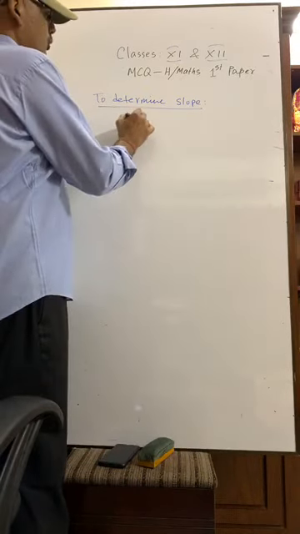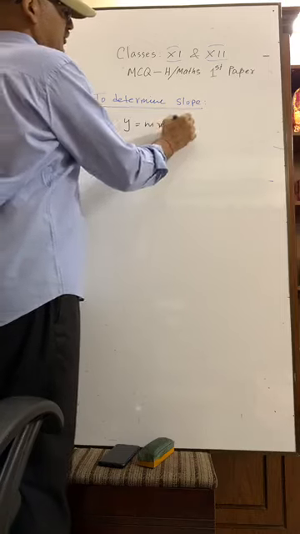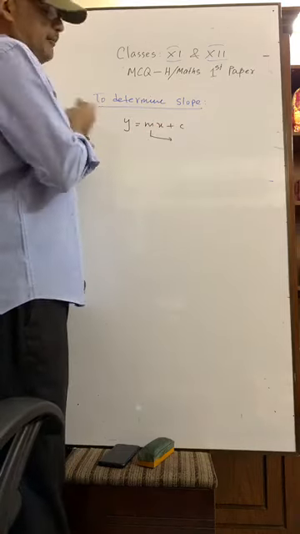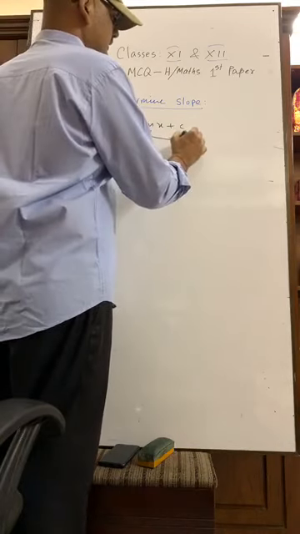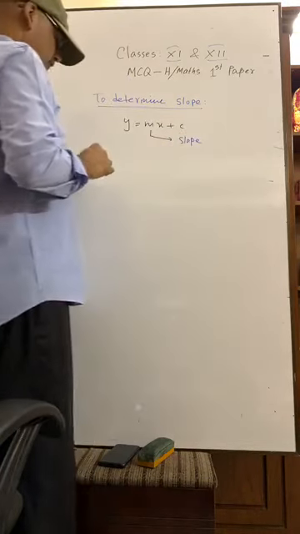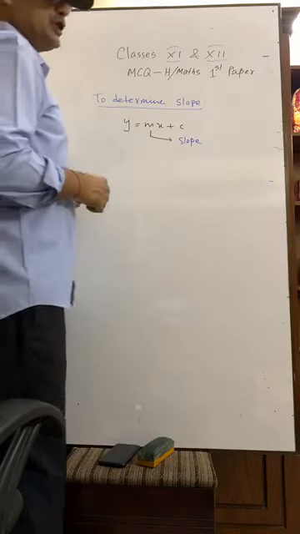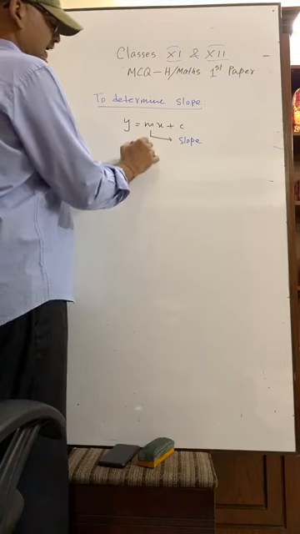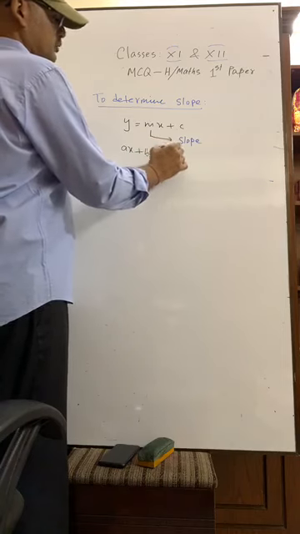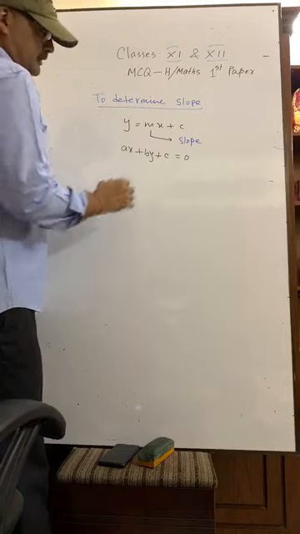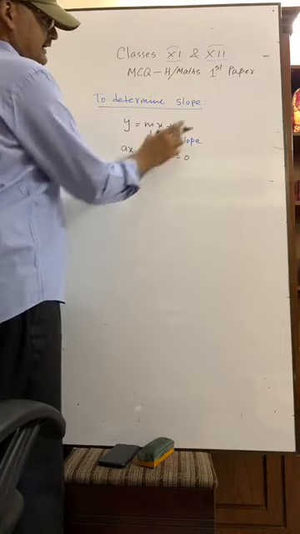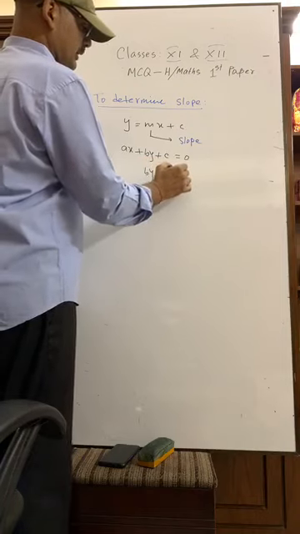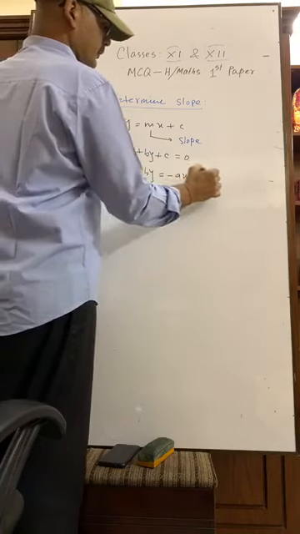Actually, y equals mx plus c. Here, what is m? M is the slope. Very good. Okay. So if any equation is written like this, ax plus by plus c equals 0, we have to get this equation into this format to determine the slope. That is by equals minus ax minus c.